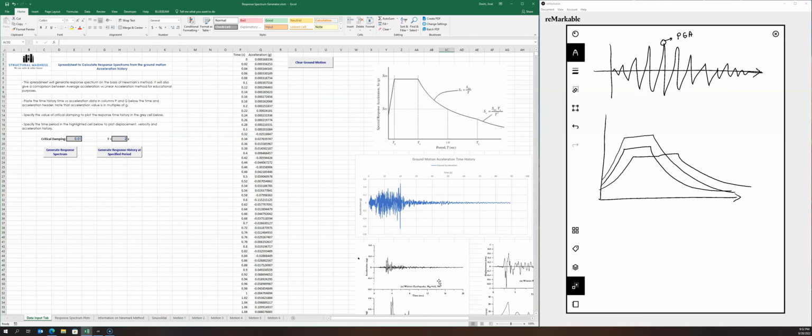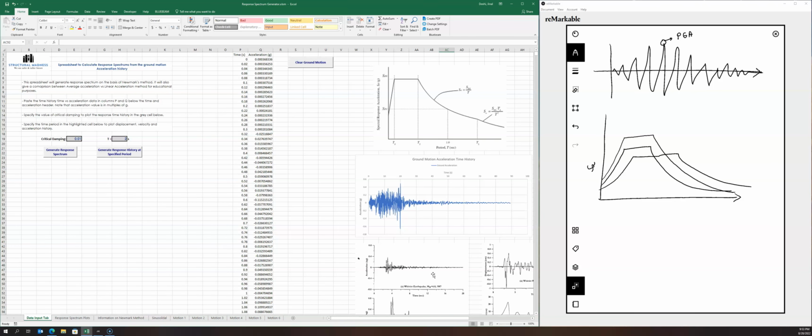How does this happen? It happens using some numerical methods that help us translate this natural excitation into these pseudo accelerograms, which are commonly known as response spectra.